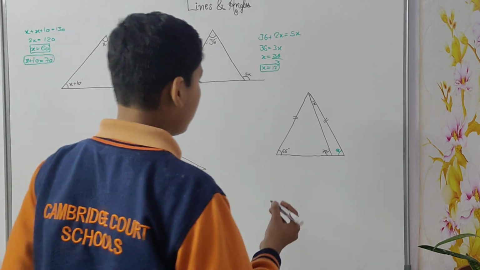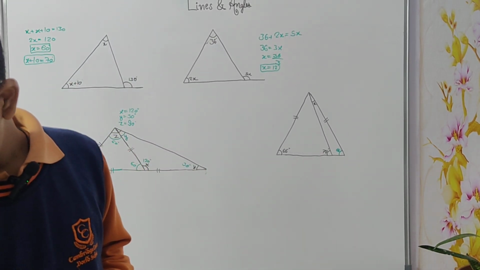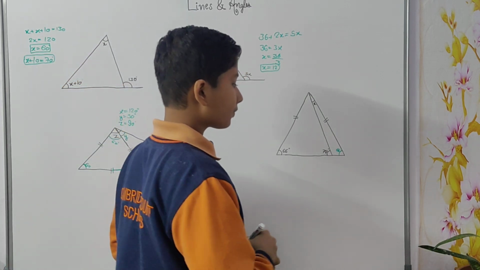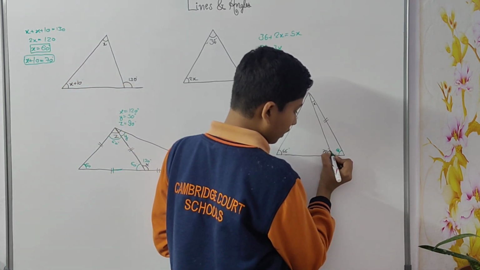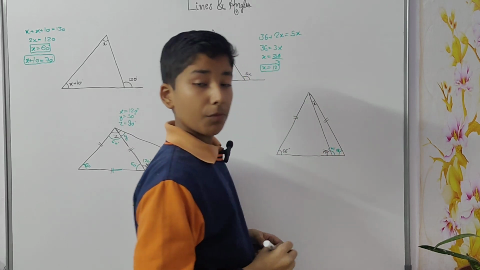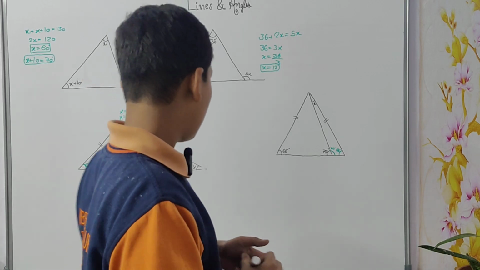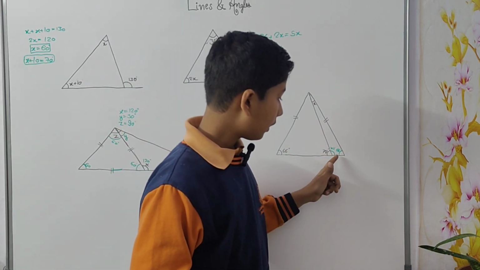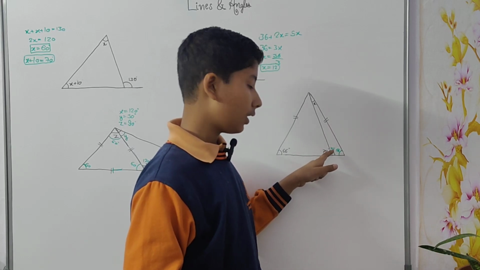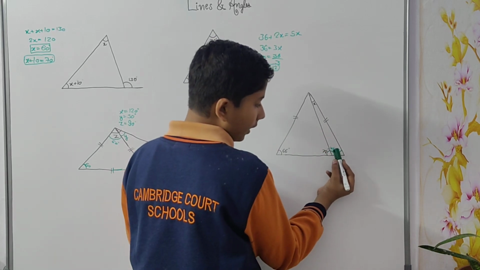No, only this much we have to find. So 66 degree. What will this be? It will be 102 degree. Why 102? Because if you see carefully, this is becoming a linear pair. 180 minus 78 is 102.